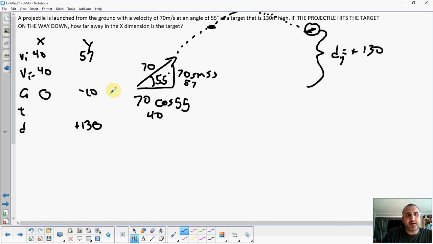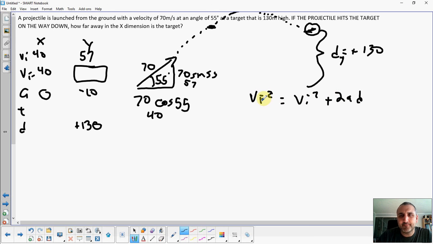And we need to figure out time, but again, quadratic formula would be the only way we do it. So I'm going to go ahead and solve for the final velocity and use the easier equations. Vf squared equals Vi squared plus 2AD. Vf squared, we don't know yet, equals Vi squared, which is 57 squared, plus 2 times negative 10 times our displacement, which is 130.